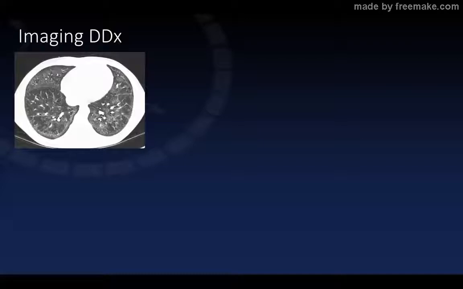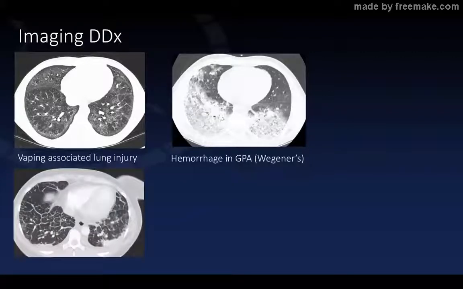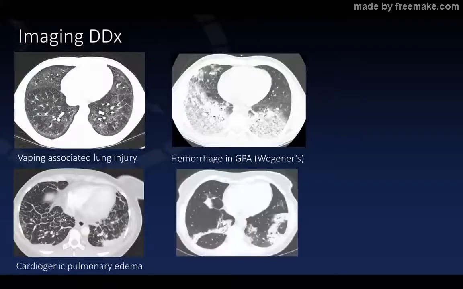So some of the patterns here: this is a person with diffuse ground glass with vaping-associated lung injury, that seemed so important a few months ago, but now that's faded into the background. This is a patient presenting with diffuse alveolar hemorrhage with first presentation of Wegener's granulomatosis. This is a patient with cardiogenic pulmonary edema and dependent ground glass and pleural effusions.